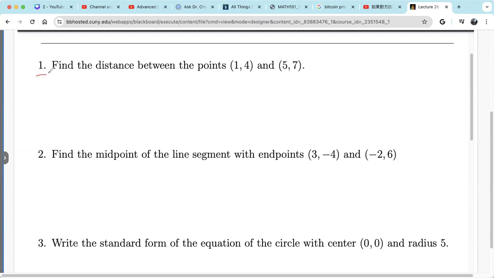So the first one, find the distance between these 2 points.